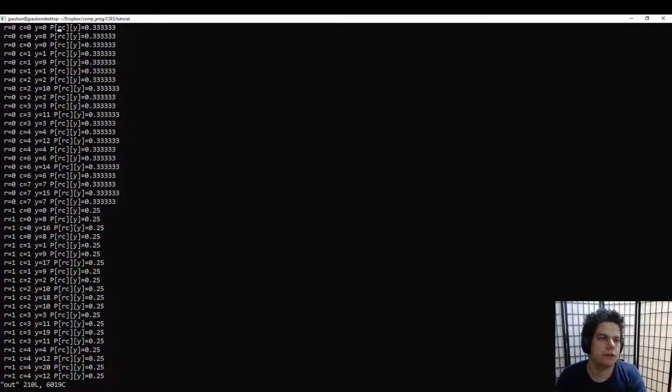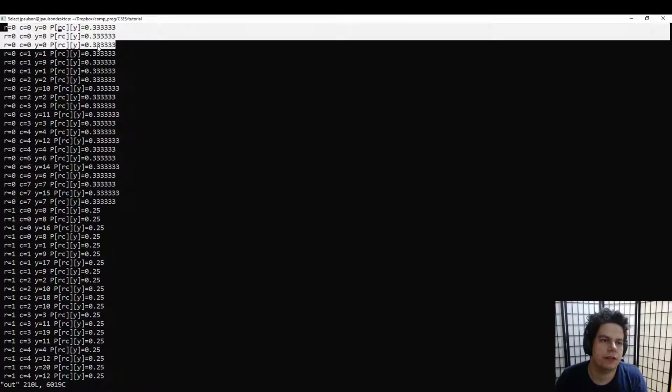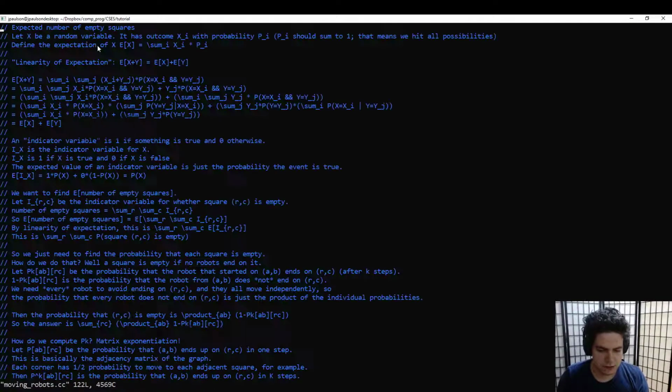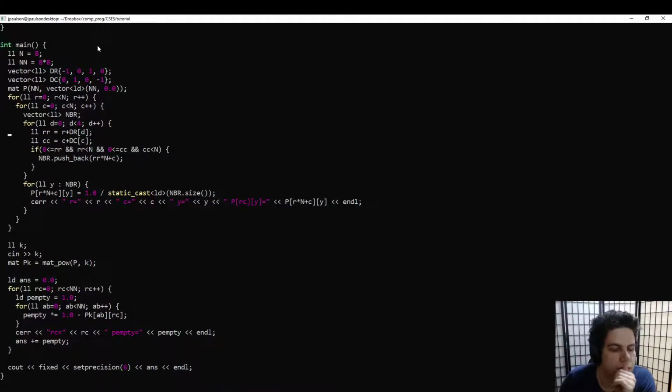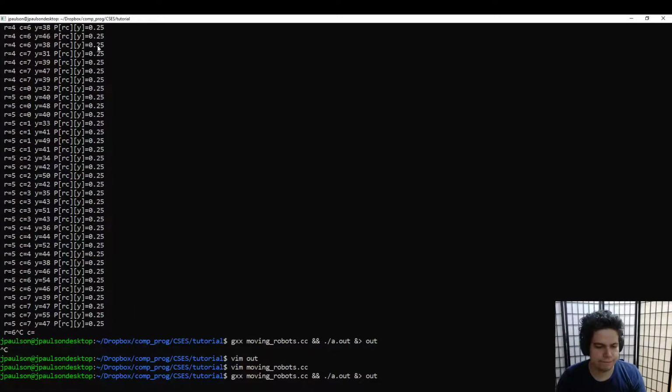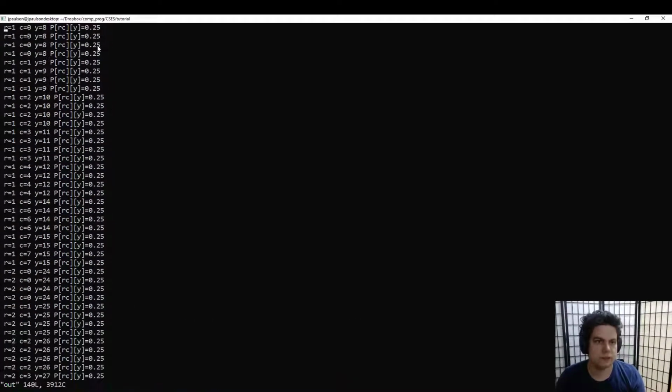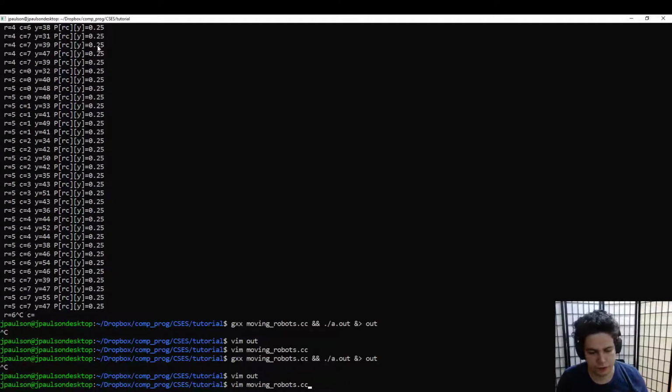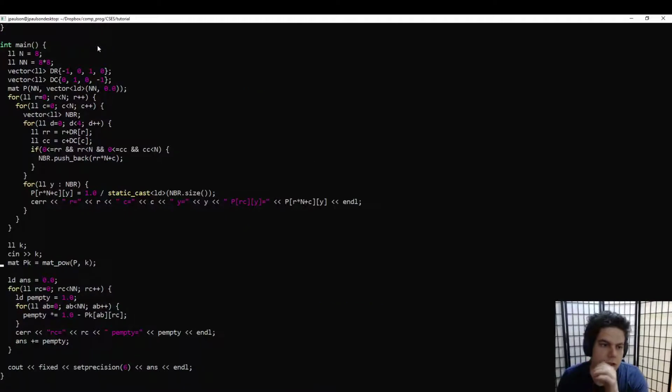That's not good. Corner seems to have 3 neighbors. So what did I do wrong? Not D, but R. Okay, that seems important. Other corner has 0 neighbors.